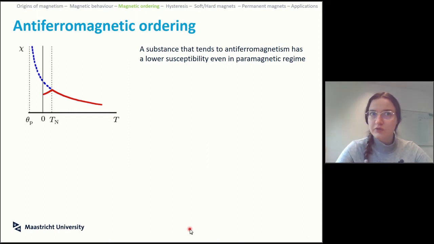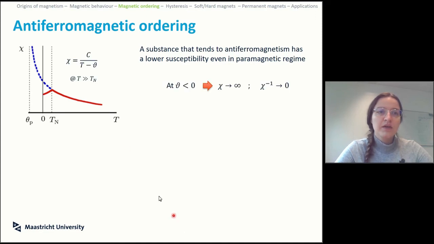Because fully disordered means that statistically speaking, you could have some order, some anti-alignment order. This thing really wants to go into full anti-alignment. So we have another correction of the Curie-Weiss law in which theta gets called TN, which is the Néel temperature.